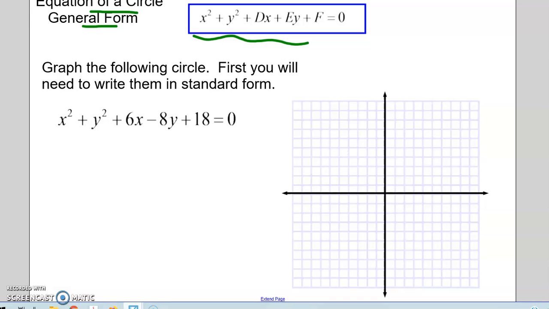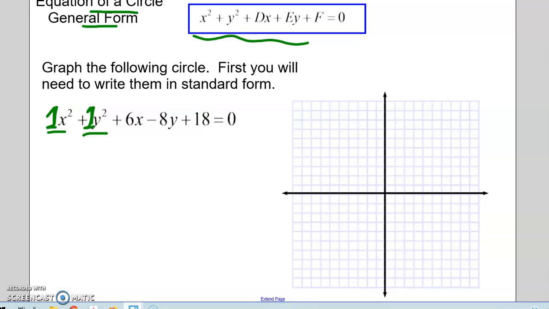So the main thing I would look for with circles is make sure that your coefficients are the same for your x squared and y squared terms. If your coefficients are the same for the x squared and y squared terms, then that is a circle. If it's not, then it's going to be something else. And if there's a negative coefficient for any of those, then it might also be something else.